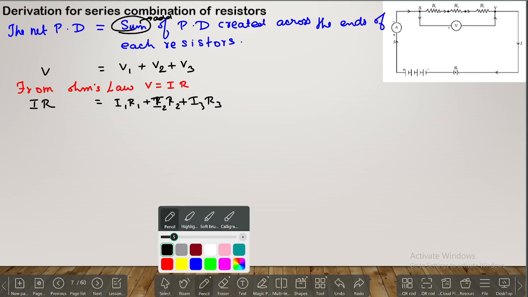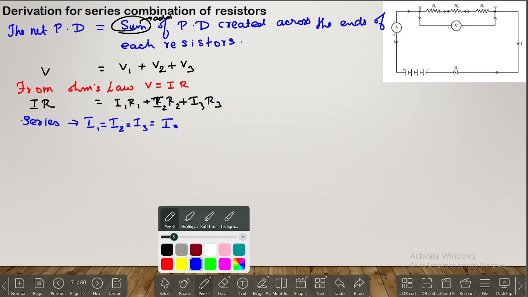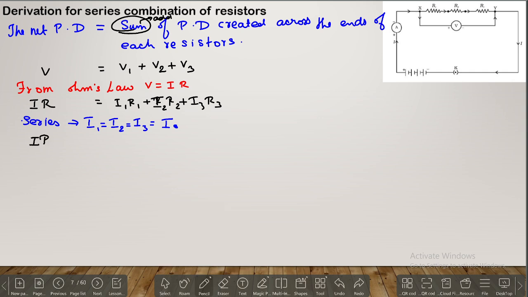As I said earlier, in series combination the magnitude of current passing through each resistor, I1, I2, I3, will be the same. Since we don't know the magnitude, we can assume the value of I1, I2 and I3 as I itself. Then I R is equal to I R1 plus I R2 plus I R3.